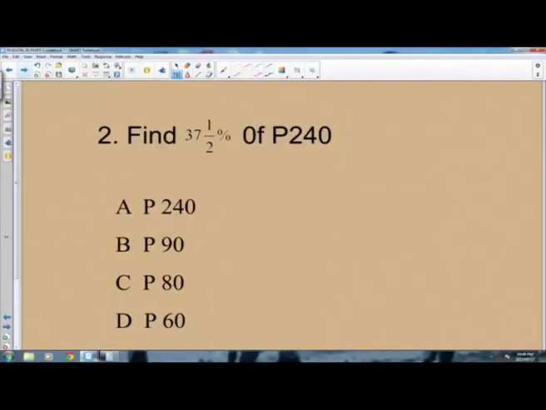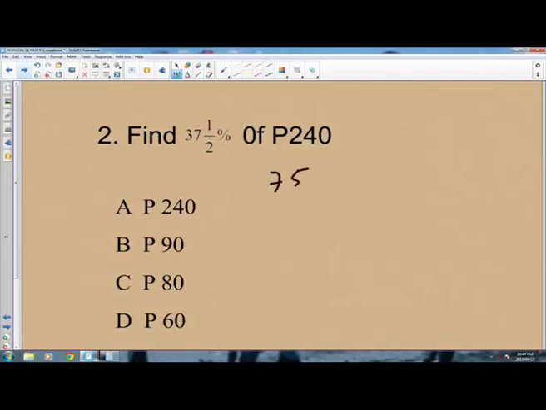The next question, it says find 37.5% of 240. So you have to find 37.5% of 240. We'll have to write 37.5% as an improper fraction. And to write this as an improper fraction, we'll say 2 times 37, which is 74, plus 1 is 75.